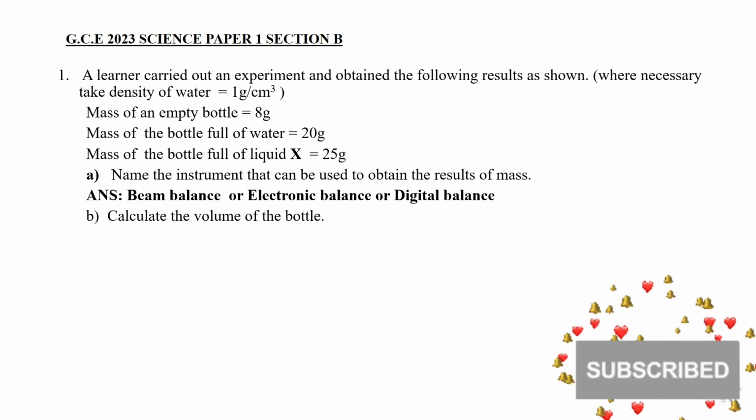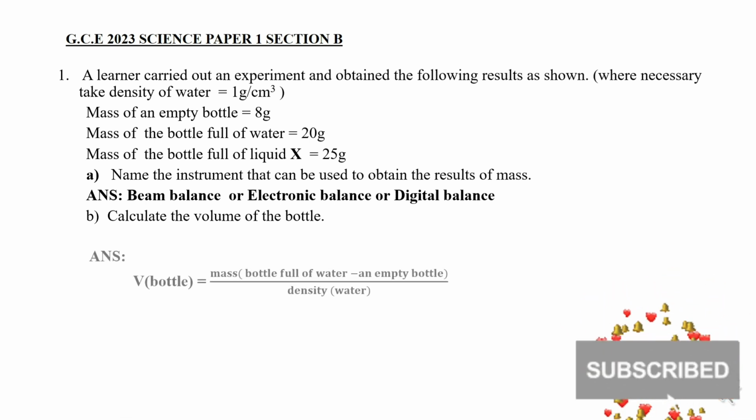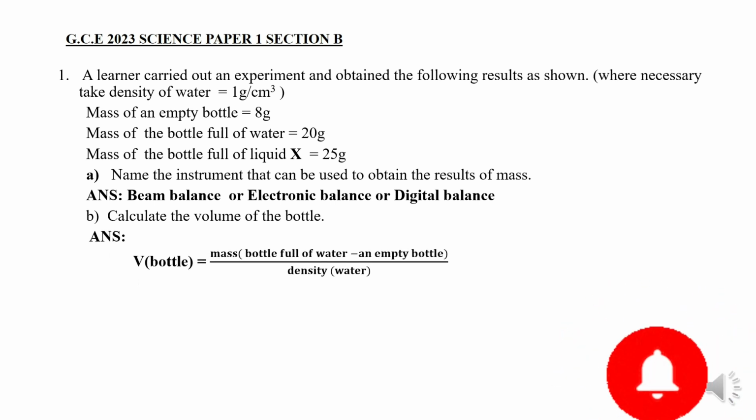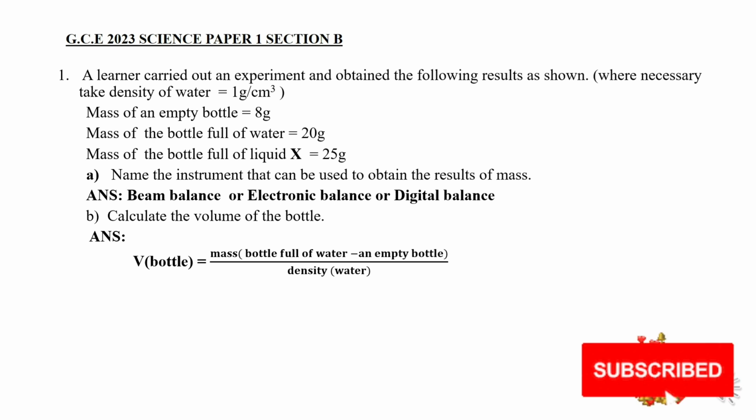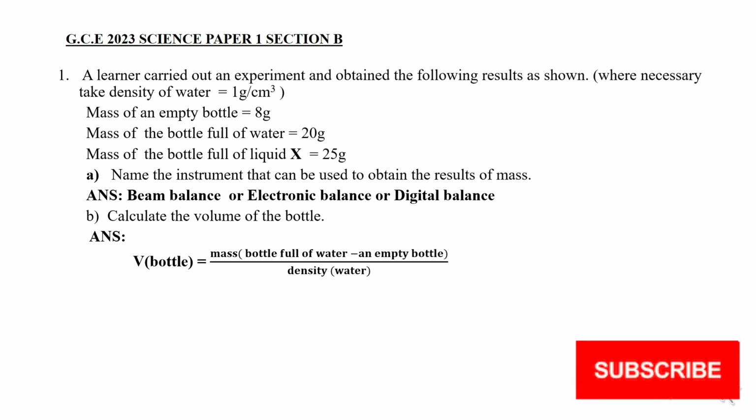So that becomes easier for us to determine the volume of the bottle. We say volume of the bottle is equal to mass of the bottle full of water minus the empty bottle divided by the density of water.